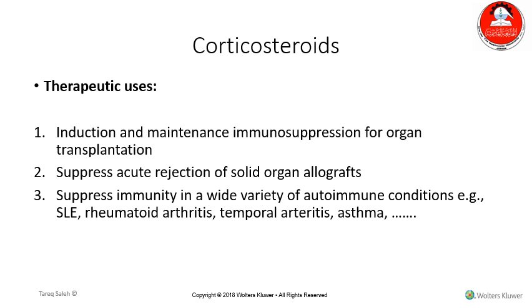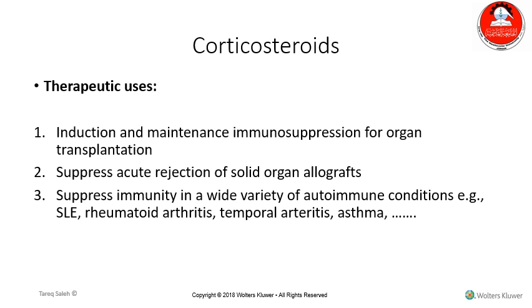They can also be used to suppress acute rejection of solid organ allografts, like if a kidney was transplanted to a recipient, and shortly after, the recipient started developing an acute immune response against the transplanted organ. We call it the rejection process. Corticosteroids can immediately be given, mostly intravenously, to suppress immunity and facilitate the acceptance of the organ.